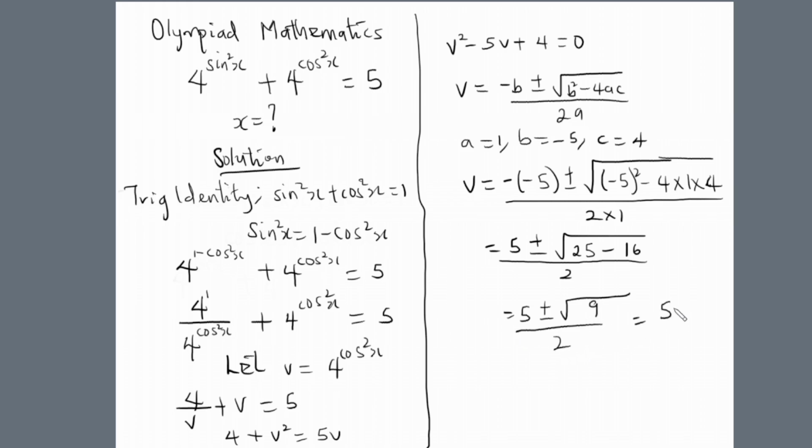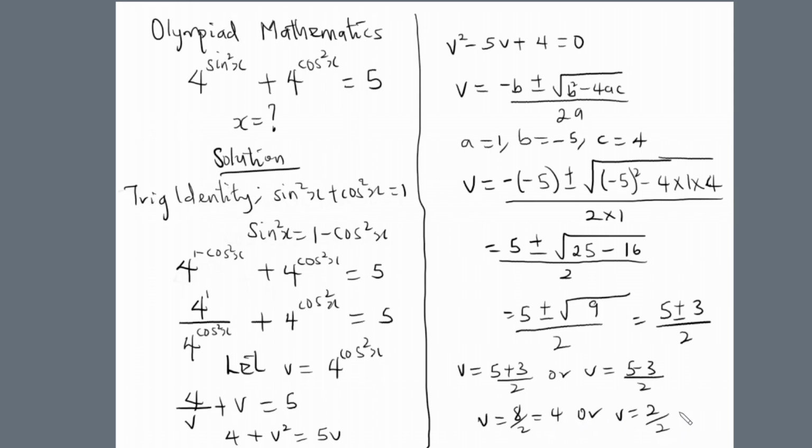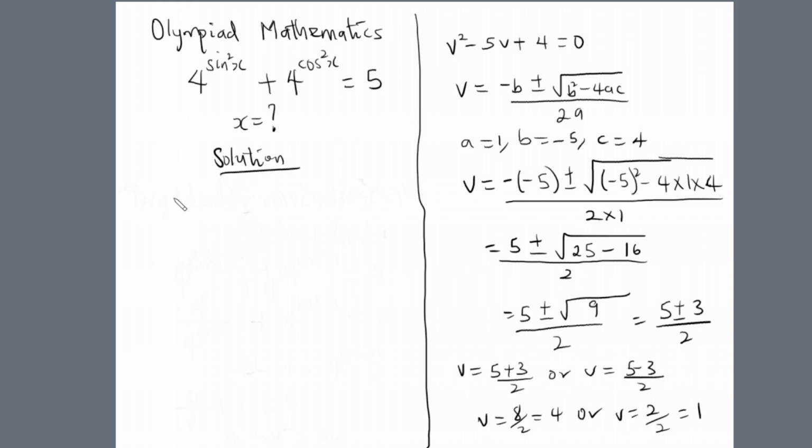We can write this as 5 plus or minus the square root of 9, which is 3, divided by 2. So we have two possible answers. v is 5 plus 3 over 2, or v is 5 minus 3 over 2. Which means v is either 8 over 2, that is 4, or v is 2 over 2, that is 1.